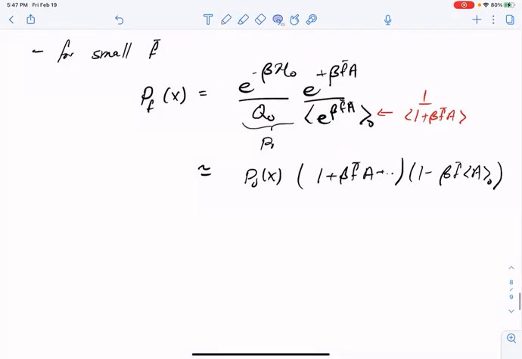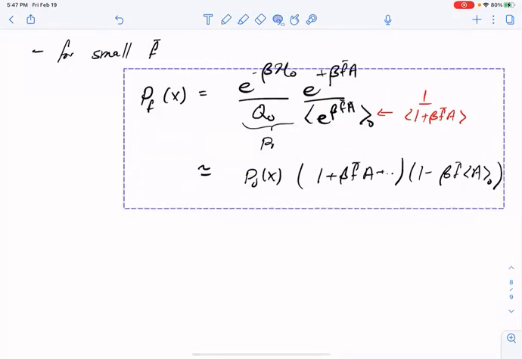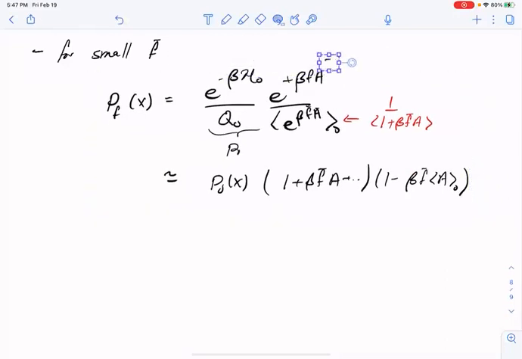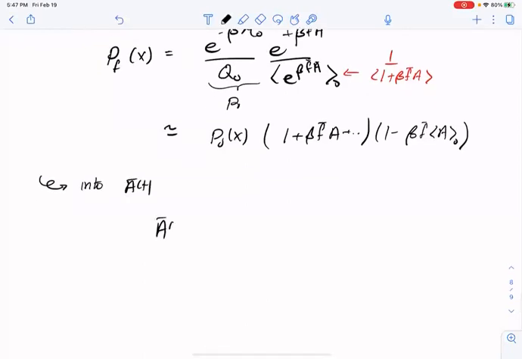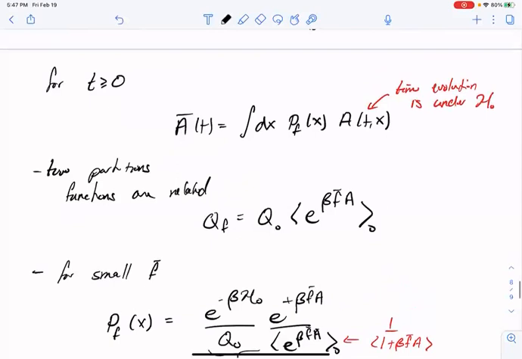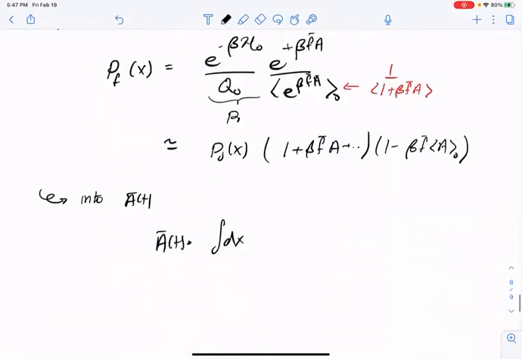And so I find that the distribution of initial conditions in the presence of the force is equal to a distribution of initial conditions in the absence of the force, modified by a factor of these cross terms, 1 plus beta f bar A times 1 minus f bar average A. Plugging that in, A of t bar is given by a phase space average of this probability in the presence of the force.